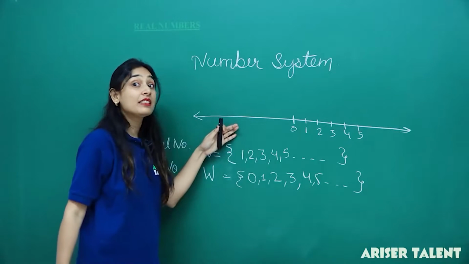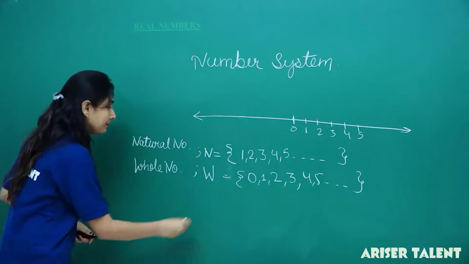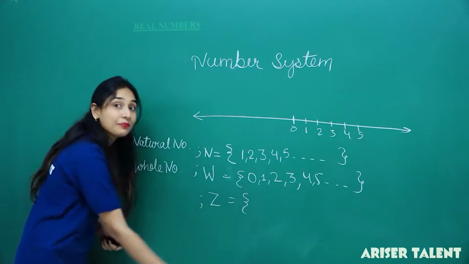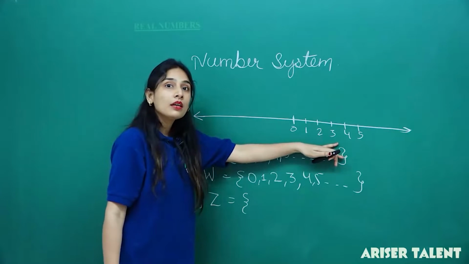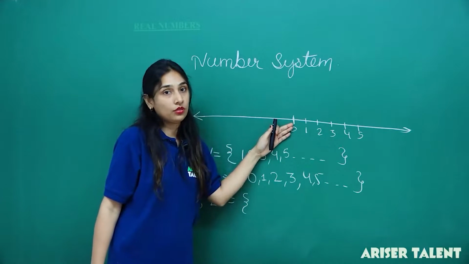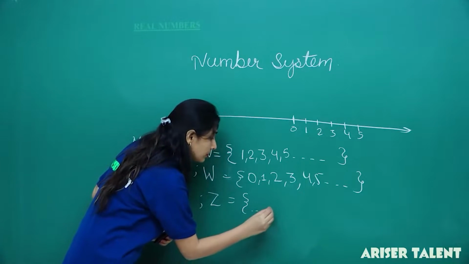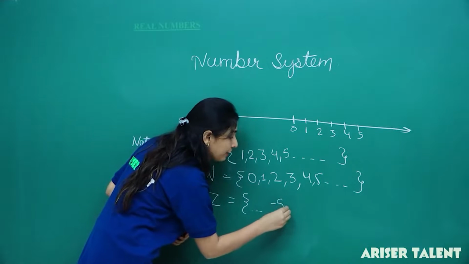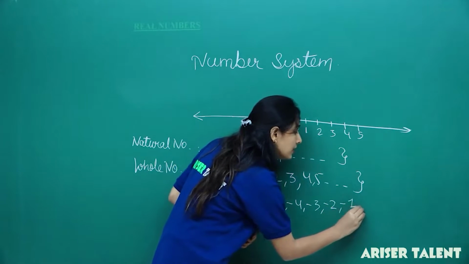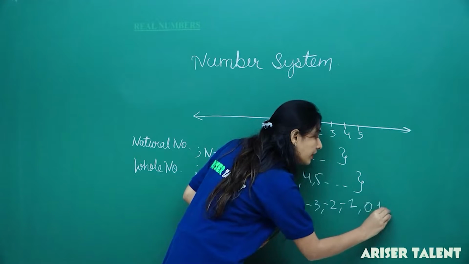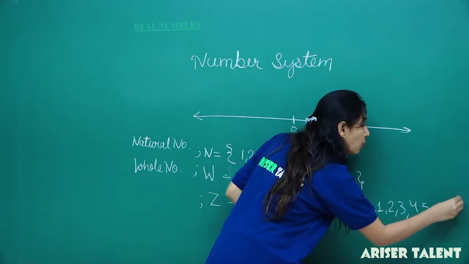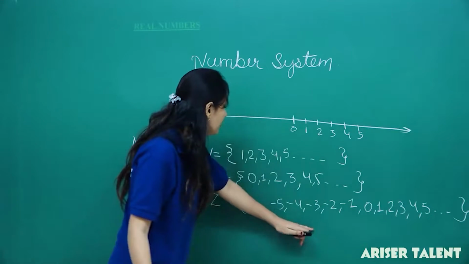Now the left side is remaining and here it comes. We are having another set. These are positives. We all have negatives with positives. So, -5, -4, -3, -2, -1, 0, 1, 2, 3, 4, 5 and so on. Looks familiar?